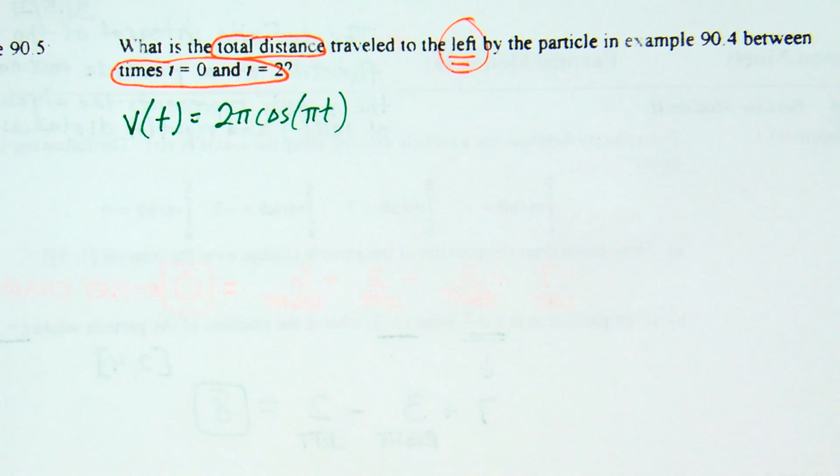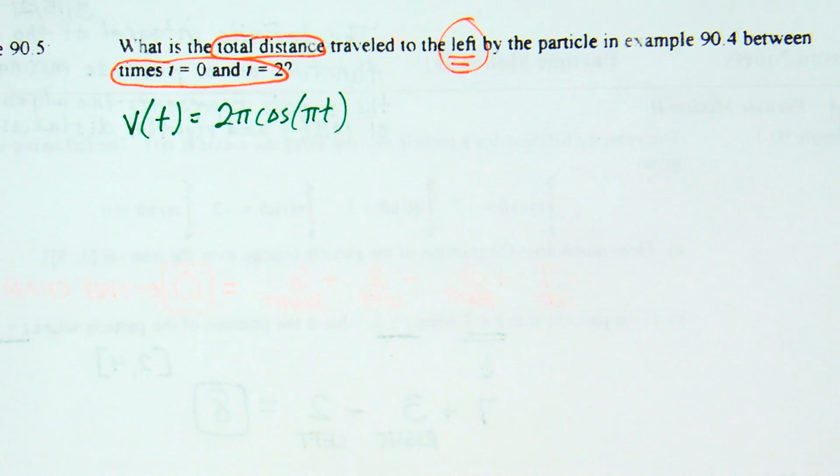It'll give us some numbers on the boundaries, and then we can figure out which one is moving left. When is a particle going to be moving left? When velocity is negative. And if you look at a graph of velocity, when is velocity negative? Or how do we know based on looking at a graph?